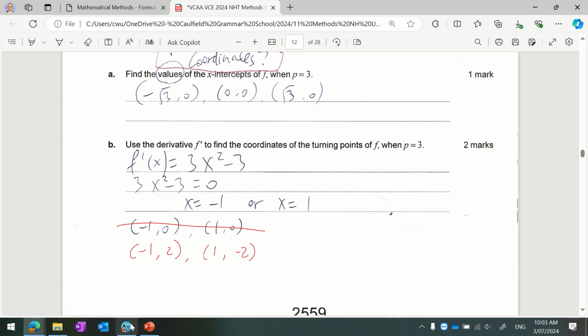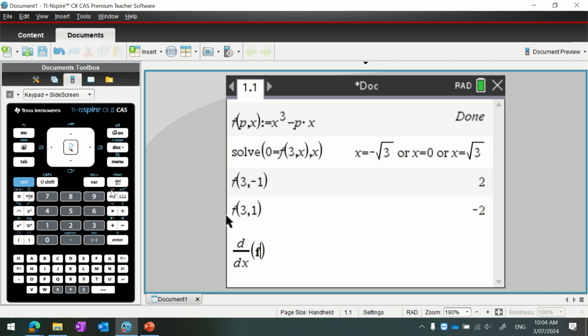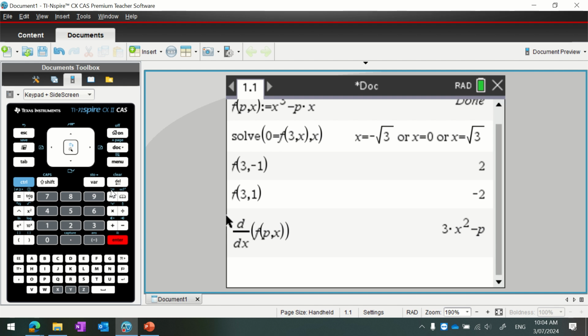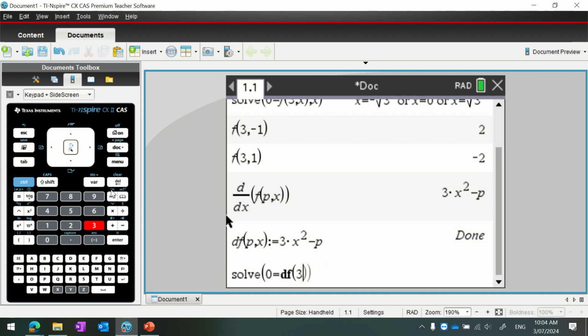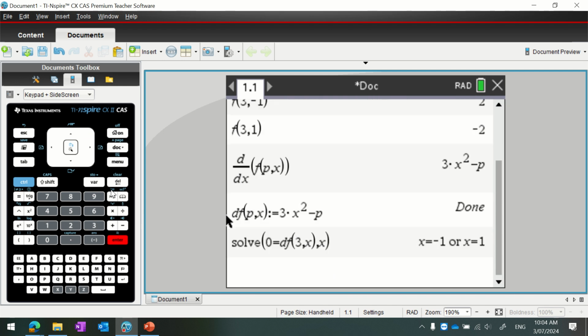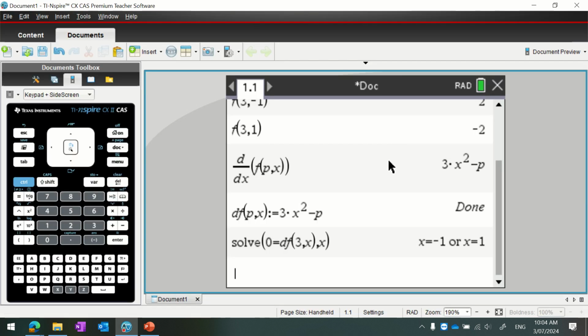Actually, let me do this again. This is going to be the derivative, and I'm going to define and store this into a function. Because the question says p is equal to 3, I'm going to put p equals 3.